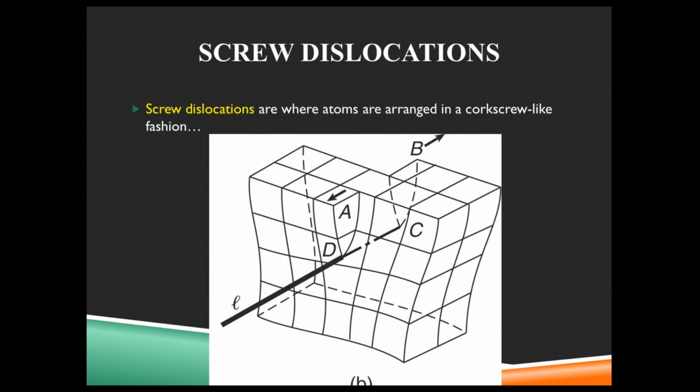So clearly this is an imperfection. It's not a nice regular lattice, and it's causing strain and stress within the crystal. And if you can extrapolate this out to much larger, you can see how it's a very imperfect crystal.